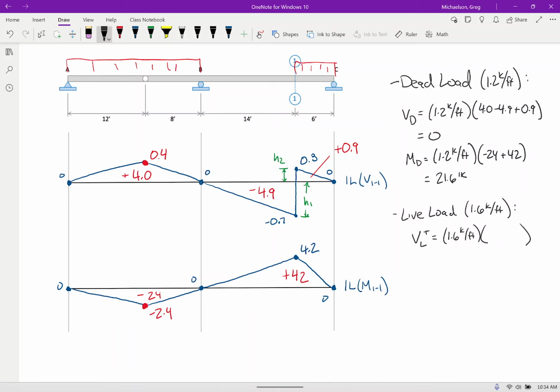So what do I multiply the 1.6 by? Or wait, 4 plus 1. Yeah. So all the positive area.